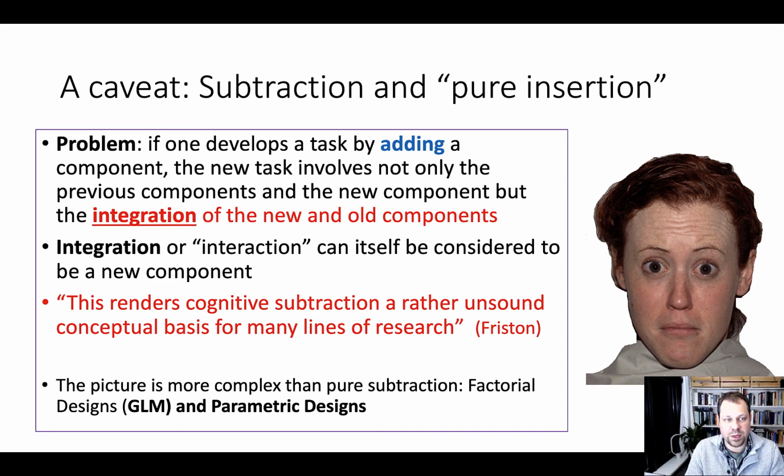So the important thing here is that we end up with an integration or interaction effect that can be considered a third or a new component that was added just by adding another task, in our example, an emotion induction. So Karl Friston has said, therefore, that this renders cognitive subtraction a rather unsound conceptual basis for many, many lines of research. So depending on what we want to achieve, cognitive subtraction might not be the best approach.